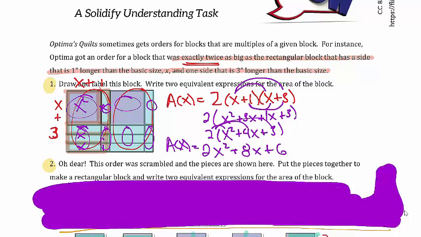And so what I want you to see is it's the same way to write the area of the quilt, but you had to put a 2 in front of it because we wanted the one quilt twice as big. You could write it this way or this way.